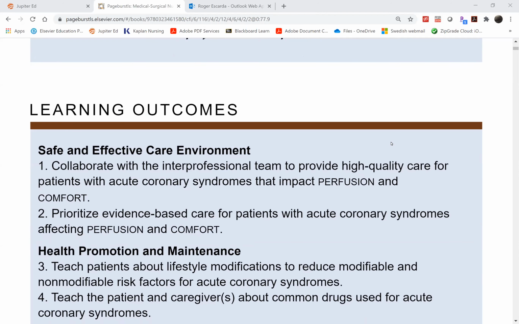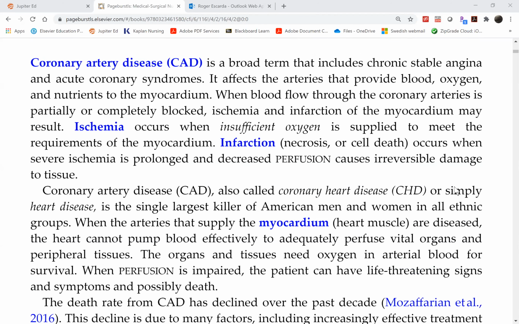So this is still a perfusion concept. What are the three elements of perfusion again? What are they? Mr. Khan? Oxygen.